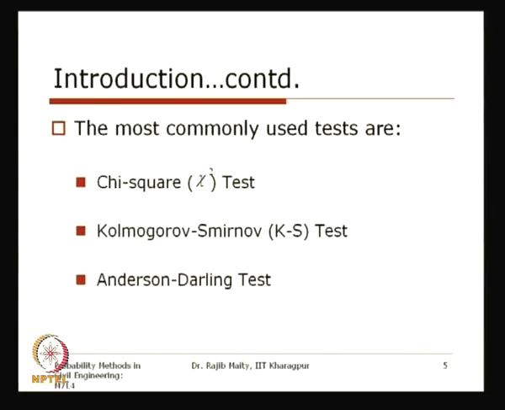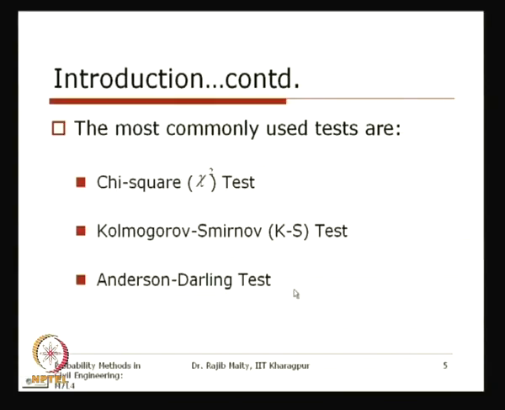As we mentioned, there are some commonly used tests. These are the standard tests that we generally use for the goodness of fit test. The first one is the chi-square test, then the Kolmogorov-Smirnov test, and there is another test, the Anderson-Darling test, which is generally known to be a little improvement over the KS test.